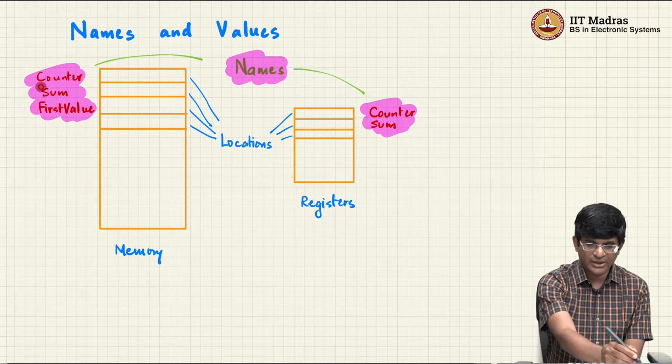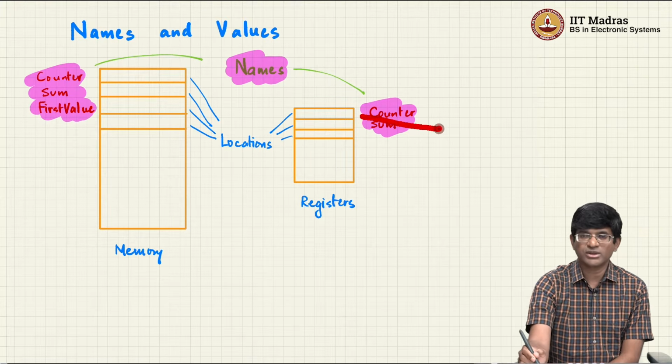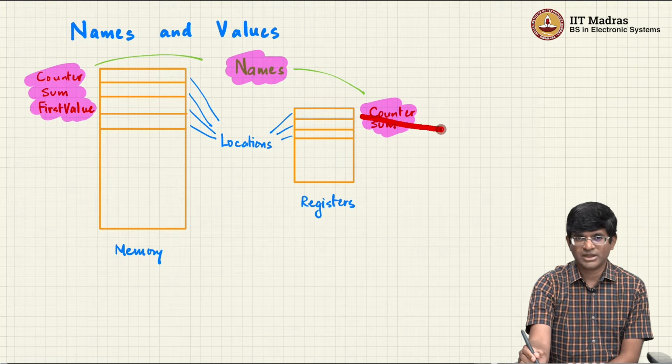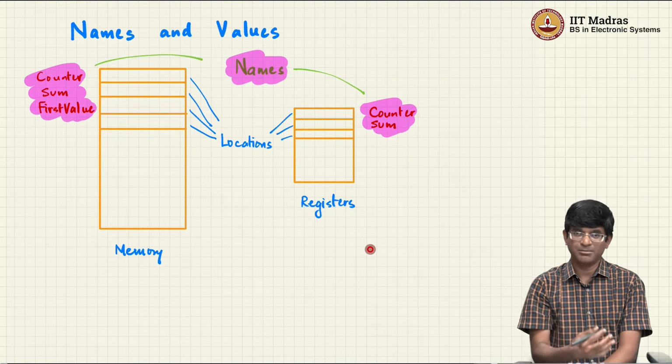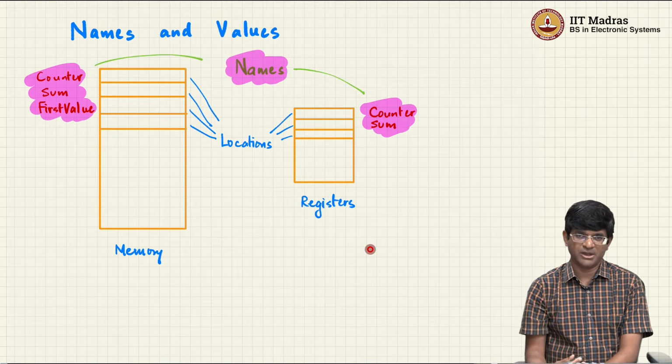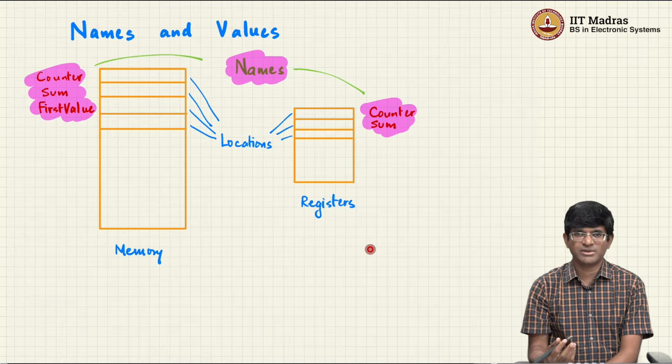You might also see that I am using a word counter to refer to something out here, and there is also another counter sitting in the register file. That is entirely possible because the registers are sort of a temporary duplicate of what is there in memory. So it is quite possible that I have something which is a sum which is stored in the main memory and at the same time is also being used as some internal register.